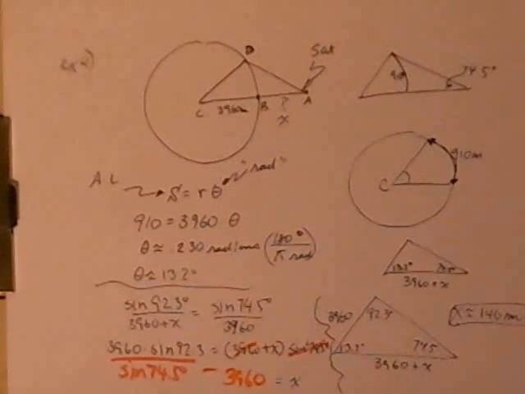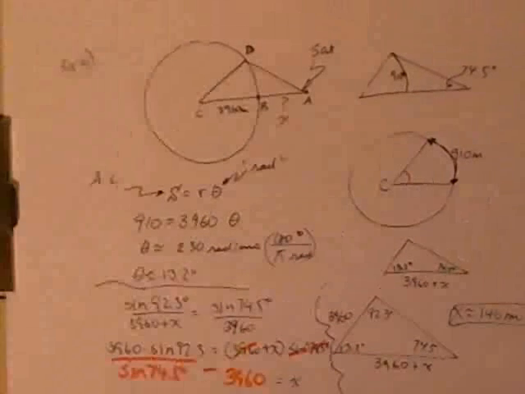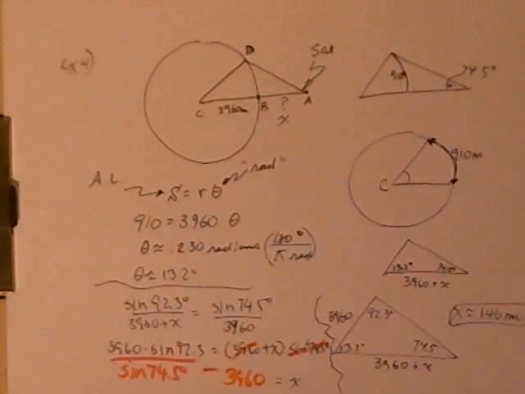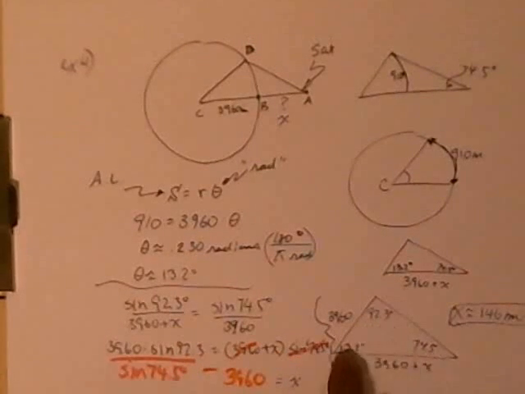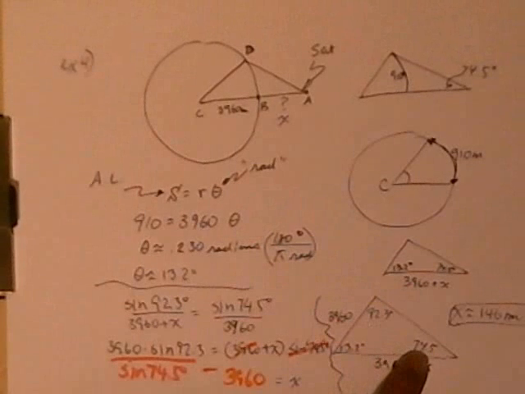Let's see if I got that right. Oh, I didn't. It says 131 degrees. Let's see if I did that right. 3960 times the sine of 91.4. How did I get 92.3? Let's do this one. Is this 74.5? Oh, 75.4.